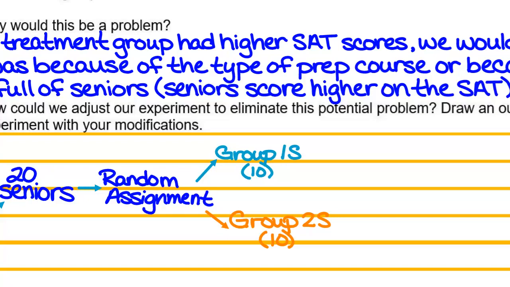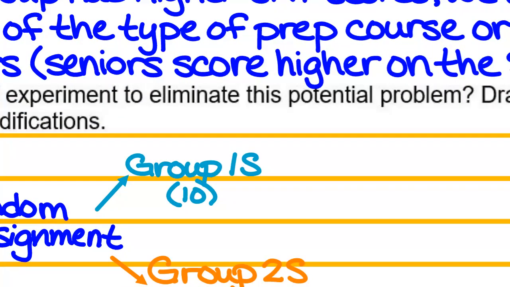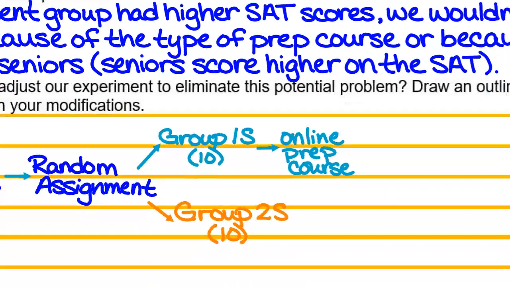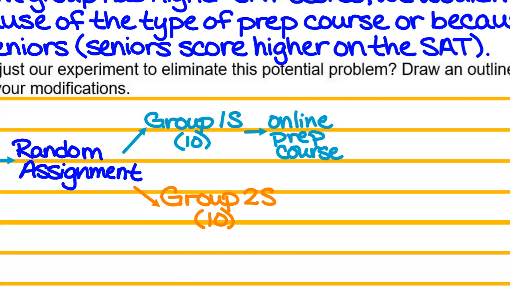All right, so group 1S, what's going to happen with group 1S? Online sounds good. Online prep course. And group 2S then would be in classroom, my teacher led.